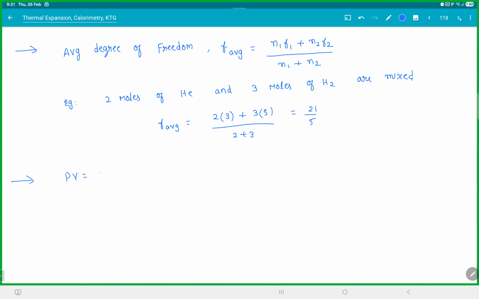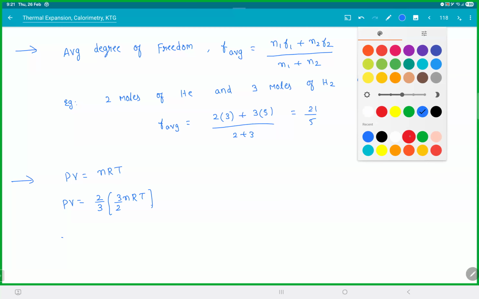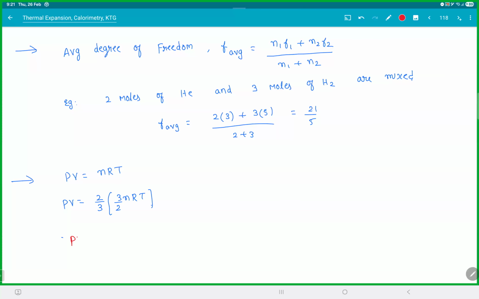Now, there's another way of writing this kinetic energy. We know PV is equal to nRT. So we can write this thing as 2 by 3 into 3 by 2 nRT. 3 by 2 nRT is nothing but 3 by 2 PV.